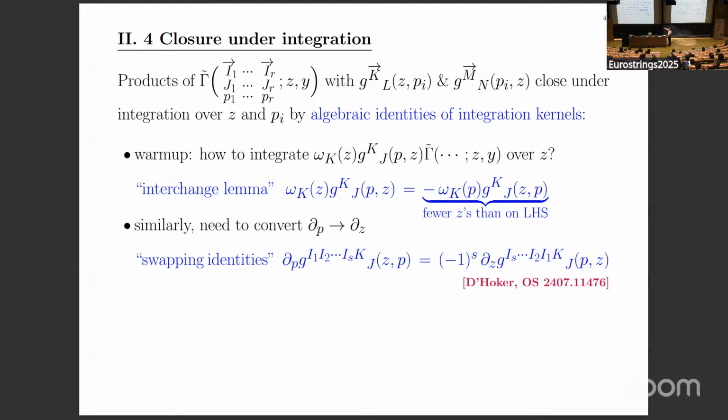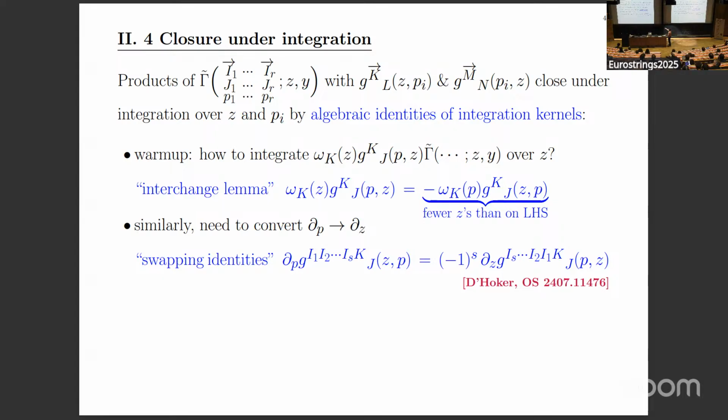This doesn't fit our definition yet, but it starts fitting once you use this interchange lemma here. The left-hand side is nasty because z appears in two factors. But the right-hand side is much more friendly for integration over z because only one of the factors depends on z, and you can use the definition of gamma twiddle. So this was just a warm-up example of how kernel identities are essential to implement the closure of the polylogs under integration and really to derive practical algorithms.